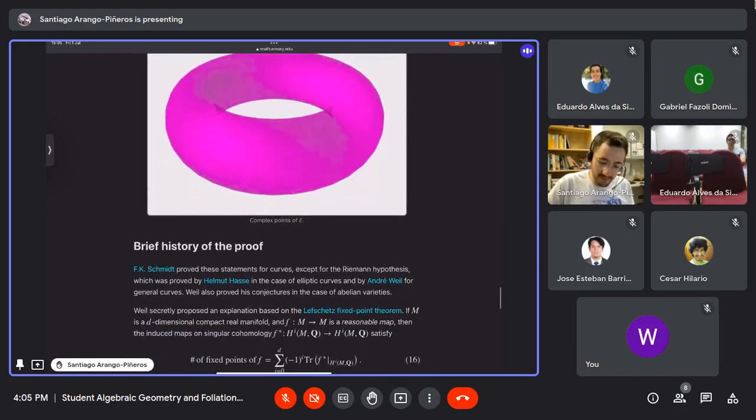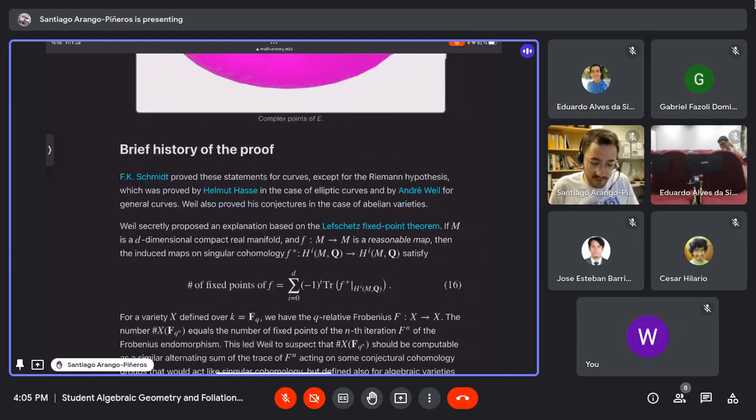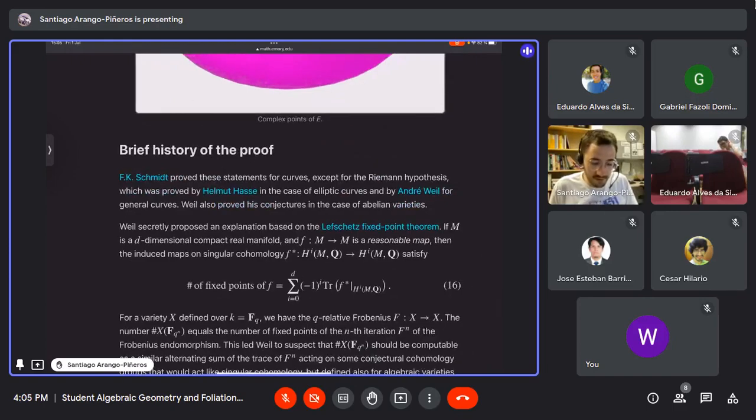So let me say a few things about the proof. A lot of people worked on these conjectures. They were first proposed by André Weil, and Weil proved the conjectures himself for curves of arbitrary genus and abelian varieties. Before that, Schmidt proved the statements for curves, except for the Riemann hypothesis part.